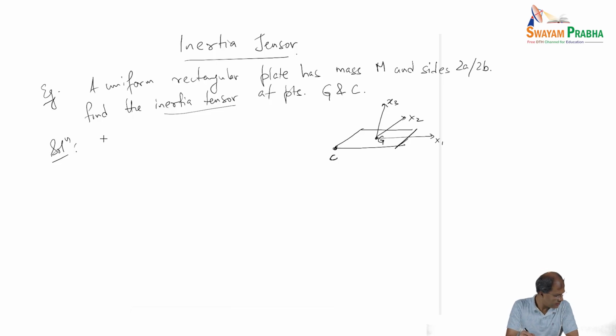So let us find the moment of inertia. About the center of mass axis, I11 is the moment of inertia about the Gx1 axis, which is our principal moment of inertia component, and similarly I22.